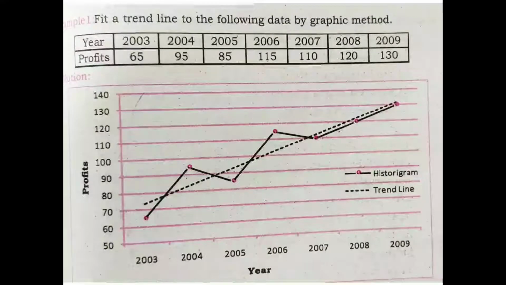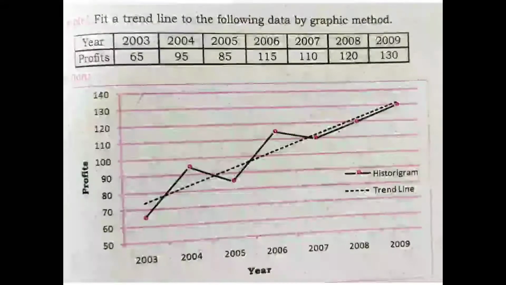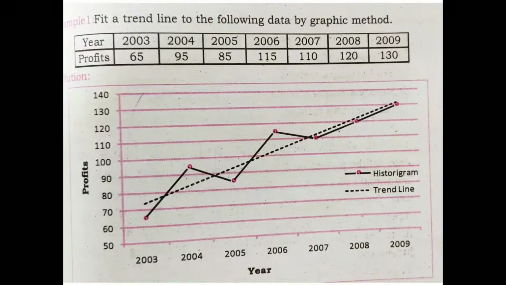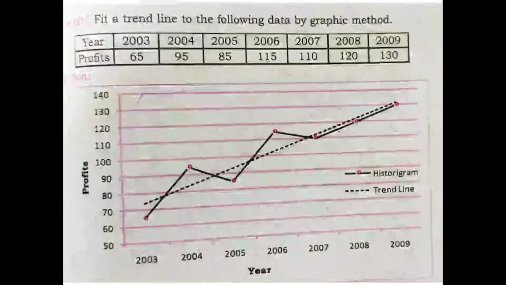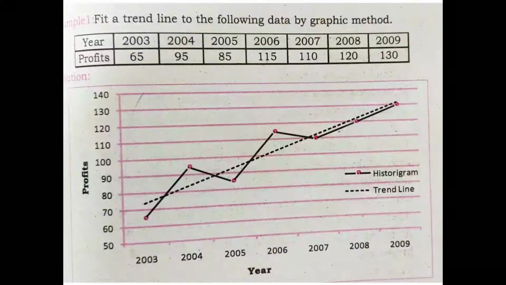See the solution: years 2003, 2004, 2005 are on the horizontal axis and profits on the vertical axis. Plot the points and join them.